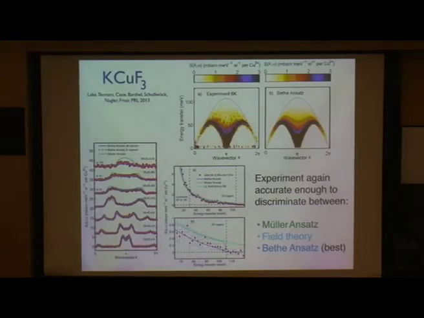Another crystal that shows similar results is KCuF3, so that's a crystal that's been known for a while, but it was restudied with more accurate experiments recently. So once again, the calculations of Bethe ansatz fit much better anything you can get from glorified field theory or other ansatz that were done here.